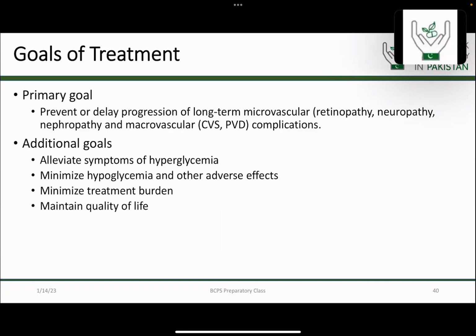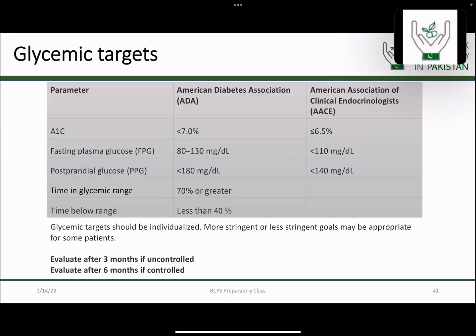For example, retinopathy, neuropathy, nephropathy, cardiovascular disease or peripheral vascular disease. They are actually the cause of increased mortality and morbidity in diabetic patients. So the primary goal is to prevent or delay the progression of long-term complications. Additional goals are definitely to alleviate symptoms of hyperglycemia, minimize hypoglycemia and other adverse effects, minimize treatment burden, and maintain the quality of life of the patient.